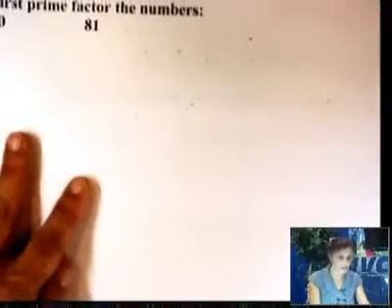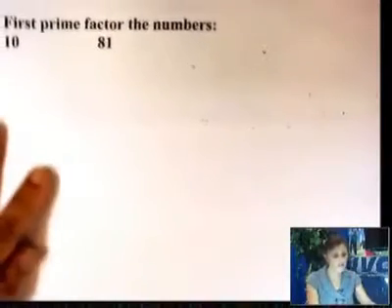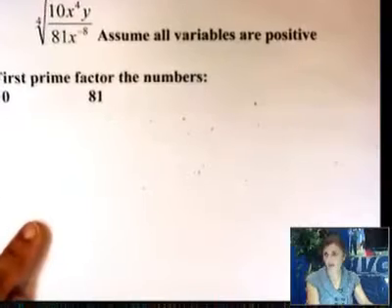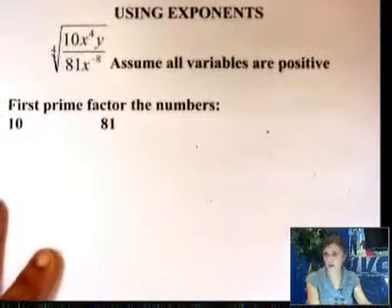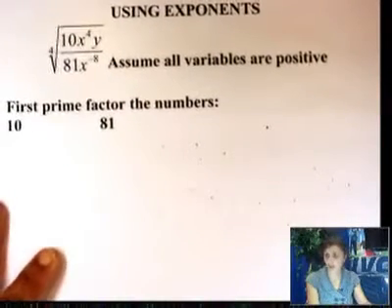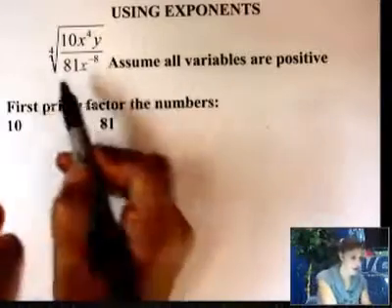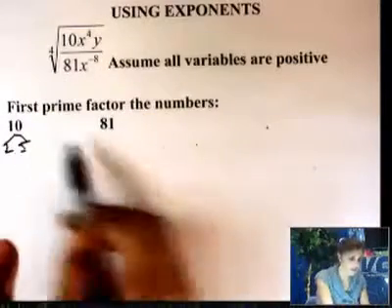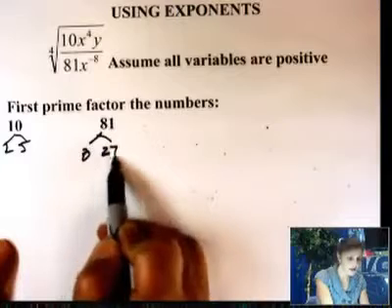Now, if I want to use the exponents, I do the same thing, but this time I'm going to put it in the exponent form. So we did the prime factoring already, so let's do it again.